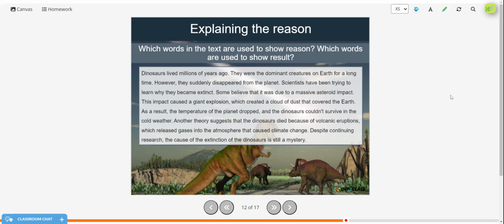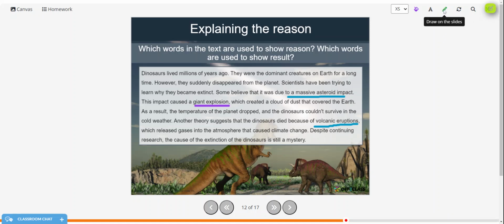So we'll look at reason first. Okay, so reason could be a massive asteroid impact, and the reason could be volcanic eruptions, and then the result would be the giant explosion.